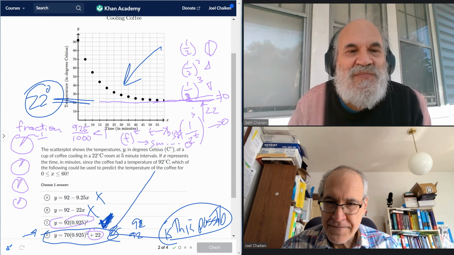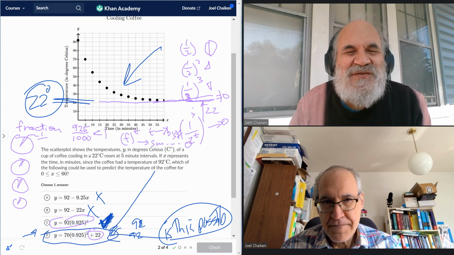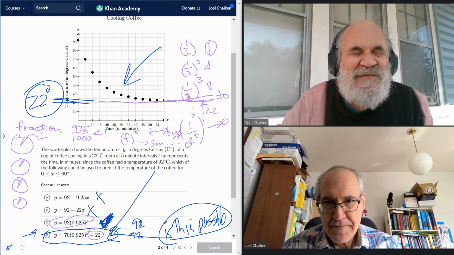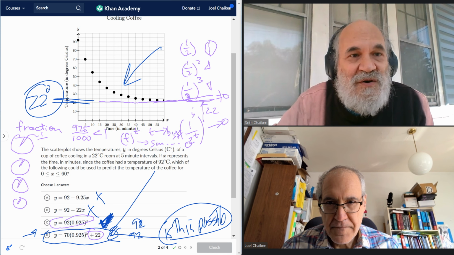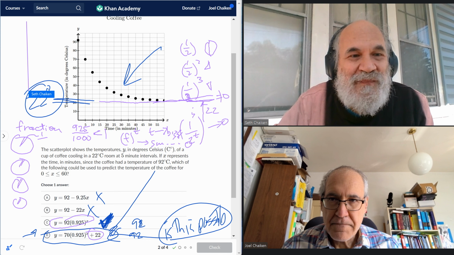What we did was cover two parts of plotting an exponential function. So here are the axes.